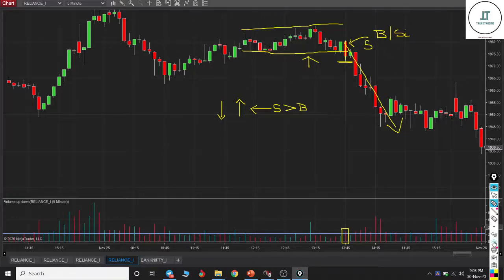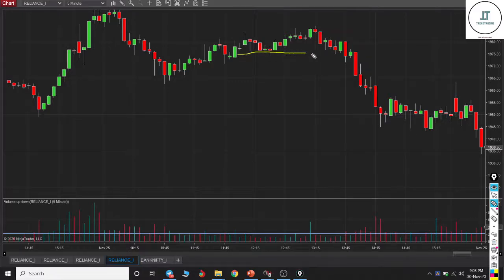Okay, let me delete everything. Just look at this. This is the balance zone. The first attempt from the sellers to push the price lower, volumes are above the stable point, and when price breaks this low, this tells us more sellers are coming in. Already an attempt has been made and price is further coming down. Look at the volumes, how well they are increasing.